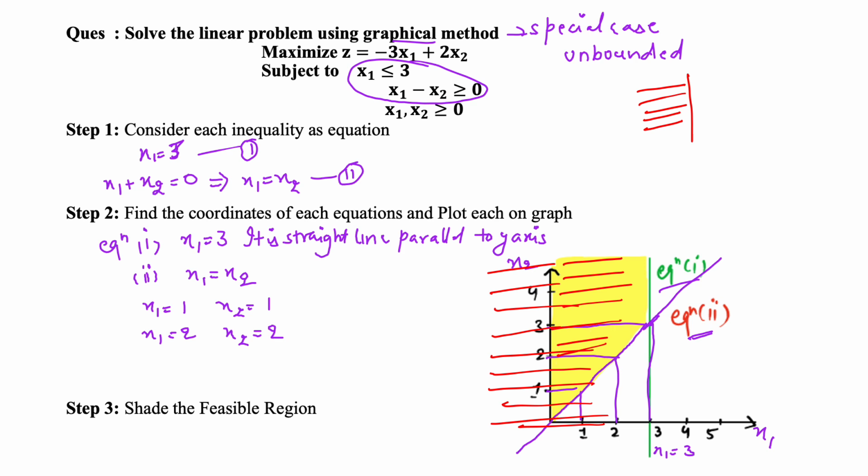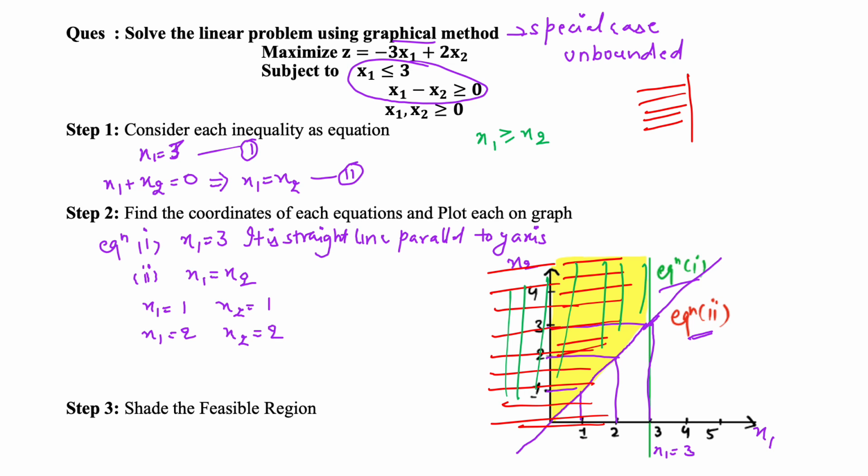Next I have the equation x1 equals x2, and the inequality x1 minus x2 is greater than or equal to 0. This means x1 should be greater than or equal to x2, so wherever x1 is greater than x2, that region we will select. Basically it will be above this line.